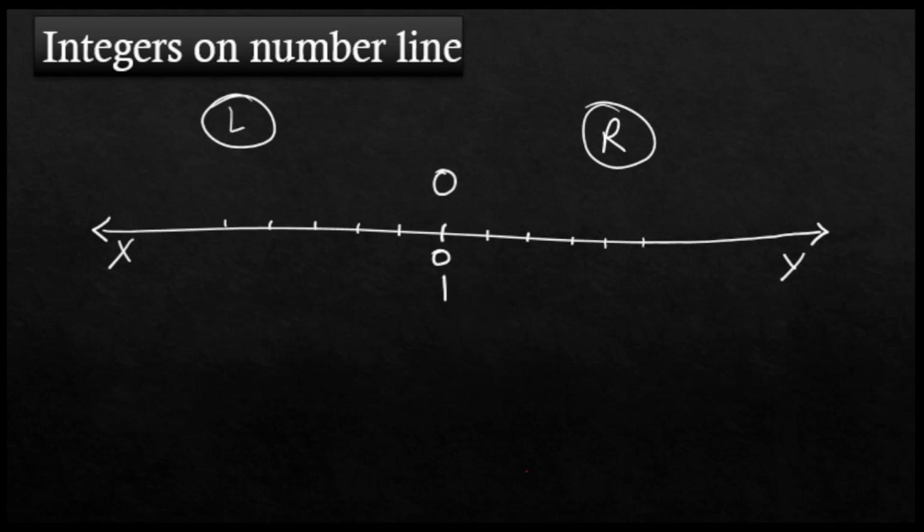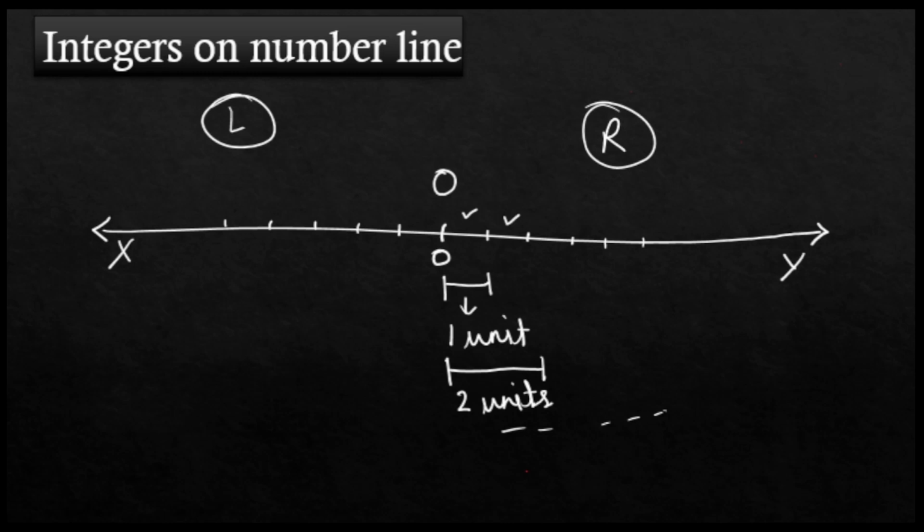Say the distance from O to this first point is 1 unit, and from O to the second point the distance is 2 units, and so on. This is 1 unit, 2 units, 3 units, 4 units, 5 units.